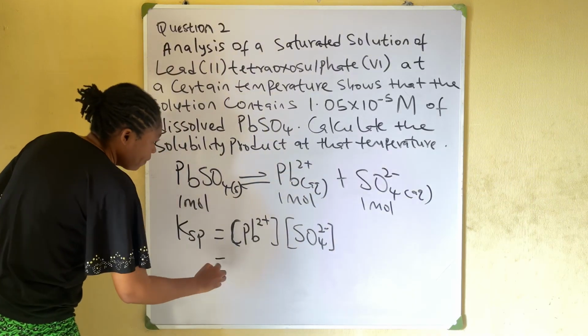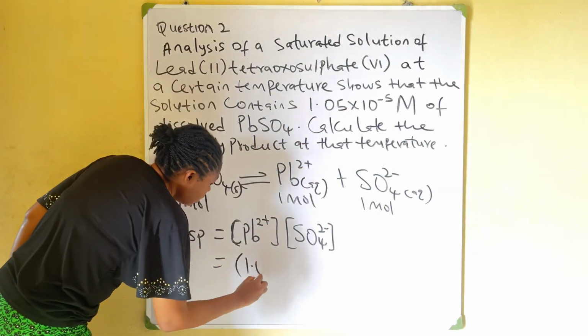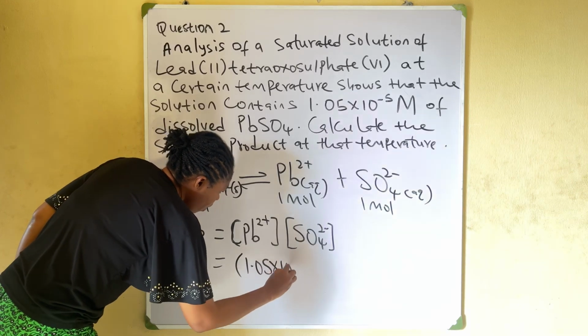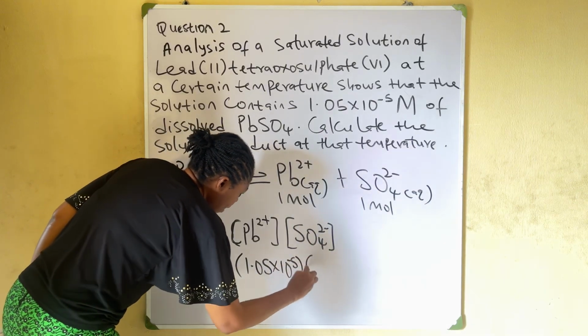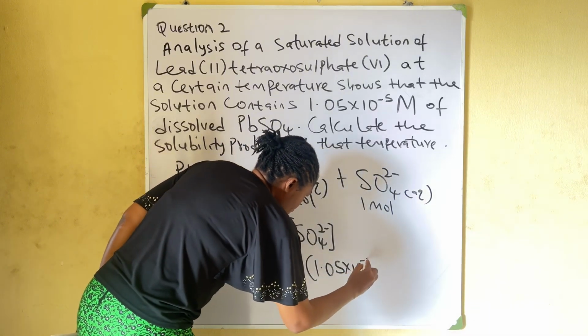So it's a simple one. We're going to substitute this concentration into it. So 1.05 times 10 raised to the power minus 5 times 1.05 times 10 raised to the power minus 5.